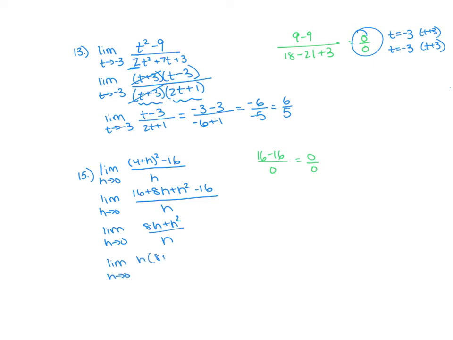On the top, I can factor out an h, which is going to let me reduce it. So we're always looking for ways to factor, looking for ways to reduce our fraction. If I plug in 0 for h, I'm going to get my answer of 8.